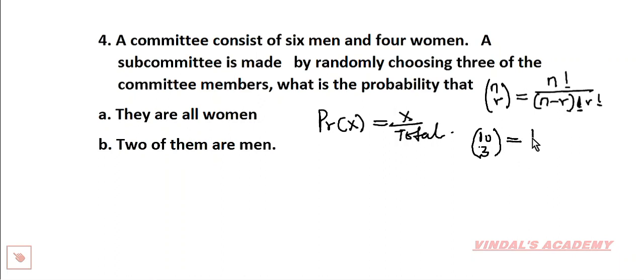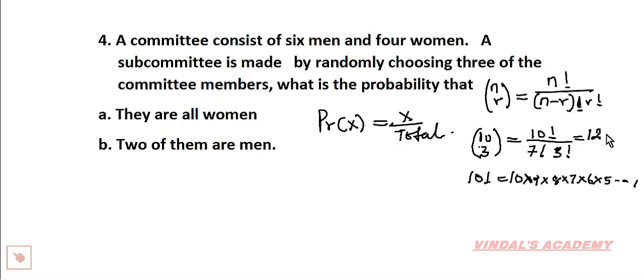So this is going to be 10 factorial all over 10 minus 3, which is 7 factorial, and then 3 factorial. Remember 10 factorial is equal to 10 times 9 times 8 times 7 times 6 times 5 all the way to times 1. So everything here is giving me 120.